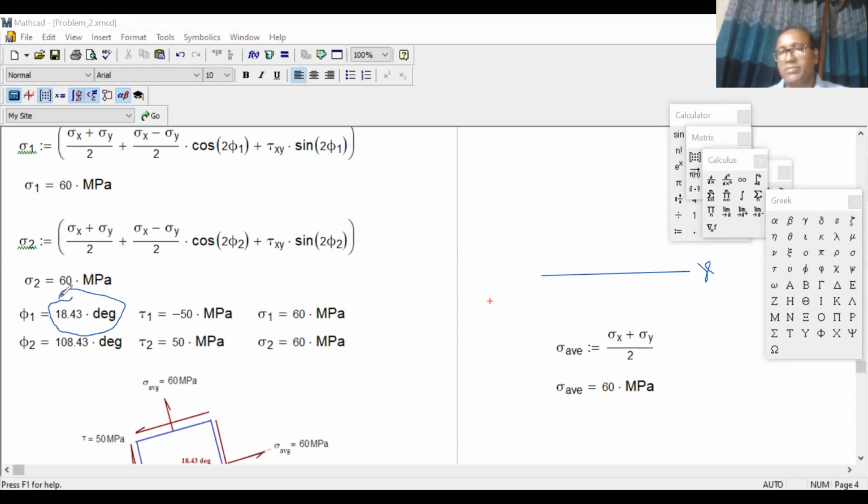It's positive. We know the algebraic method: if you rotate anti-clockwise, it's positive. That means you draw this angle. So this is the angle, 18 point something. Then you show the angle, and you write down over here with your pencil or pen that this angle is 18.43 degree.